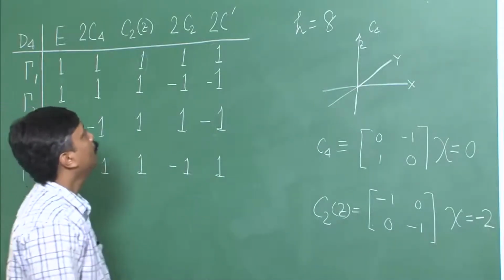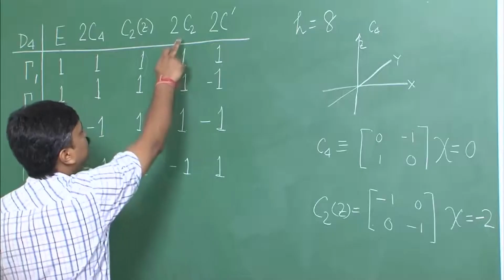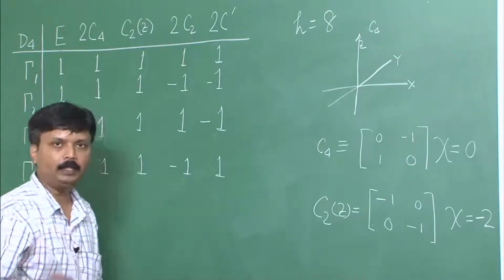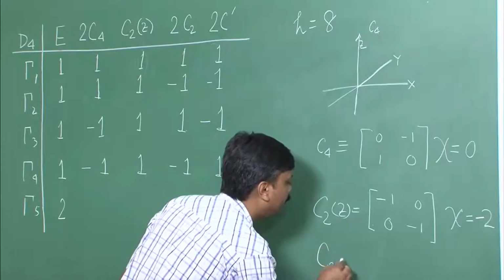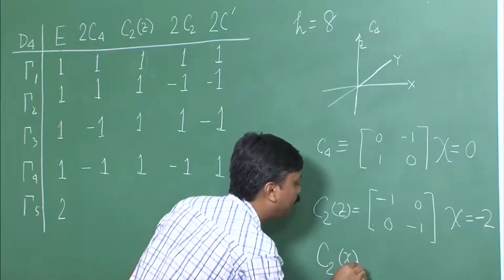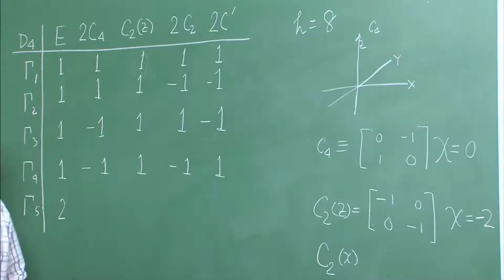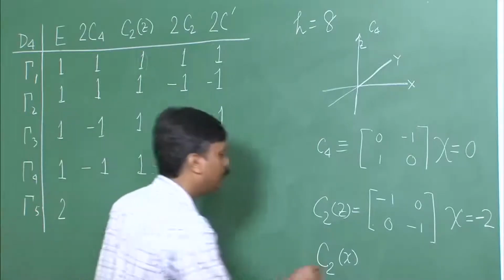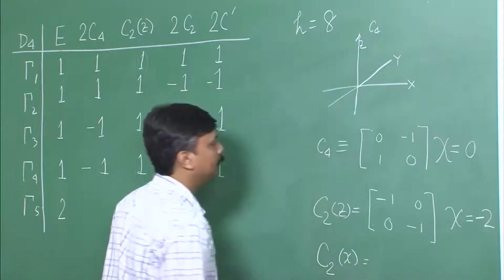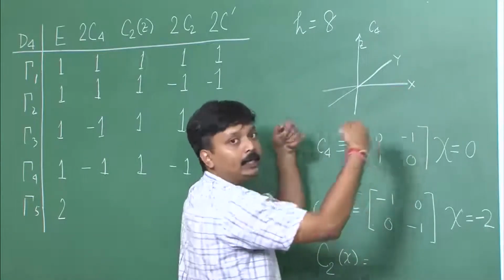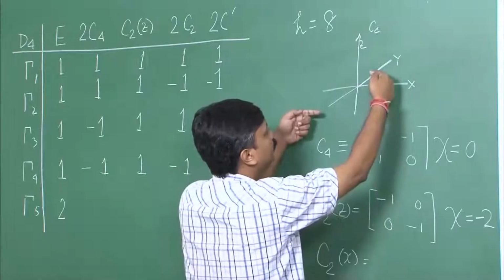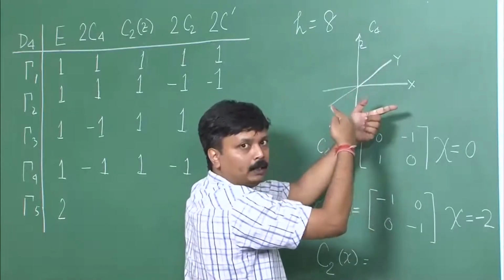Okay. Next, we have C2, that is C2x or C2y. So, let us take this as C2x. If I find C2x, our character for C2y will also be the same because they belong to the same class. So, what does C2x do? C2x is along the x axis, right. So, it will do nothing to the x axis, but it will transform y to minus y, correct.